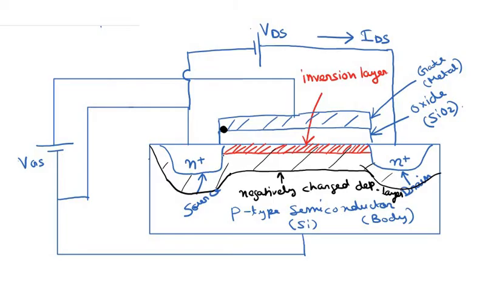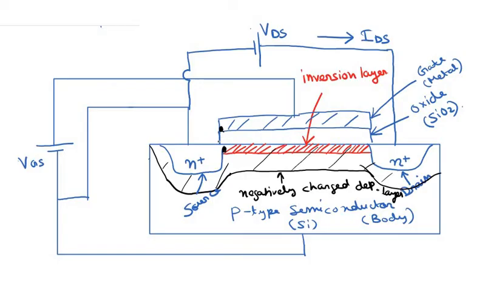So it is obvious that this part of the body, which is attached directly with the source, is going to have the source potential. Okay, and this channel is induced if the potential difference between this point here at the metal gate and this point here, which is attached to the source, is greater than the threshold voltage.